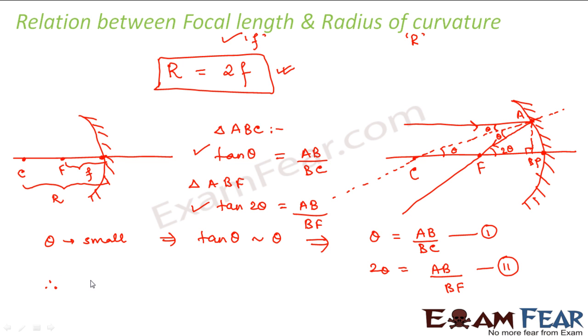Therefore, from equation 1 and equation 2, theta into BC is equal to 2 theta into BF, right? So theta will get cancelled. Therefore BC is equal to 2 into BF.